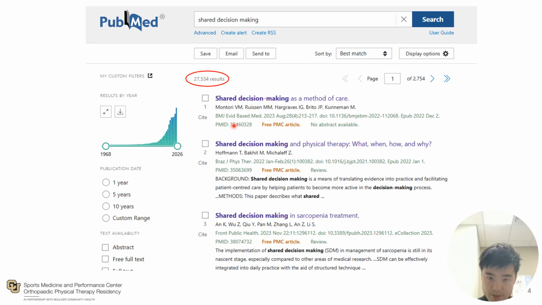But you can see one of the first things that popped up was shared decision making within the context of physical therapy management. So I think what this slide shows is that shared decision making is evidence-based in itself, and there is literature and research to support its use within healthcare.